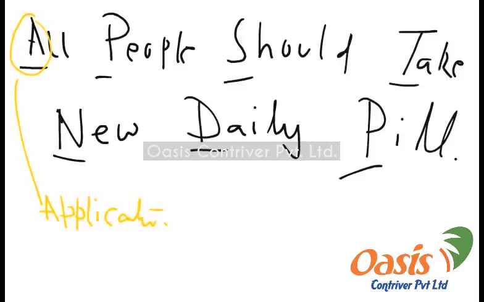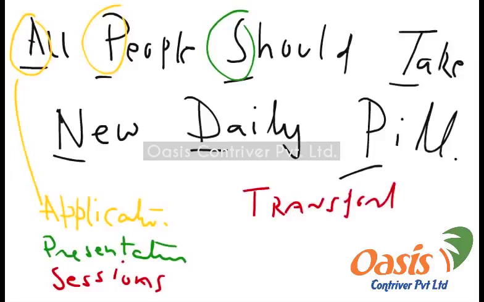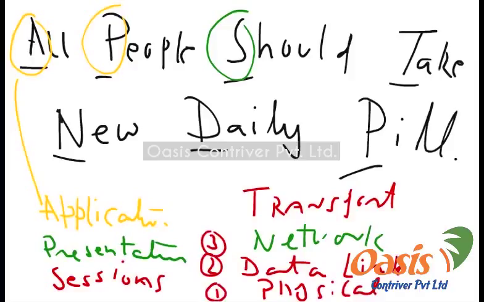A stands for application layer, P stands for presentation layer, S stands for session layer, T stands for transport layer, N stands for network layer, D stands for data link layer, and P stands for physical layer. This is the easiest way to remember which layer comes first: number 7, 6, 5, 4, 3, 2 and 1.